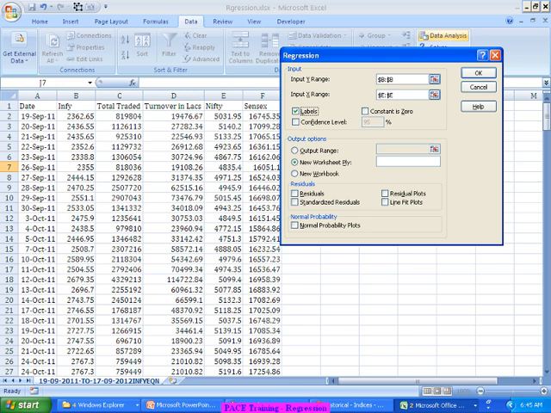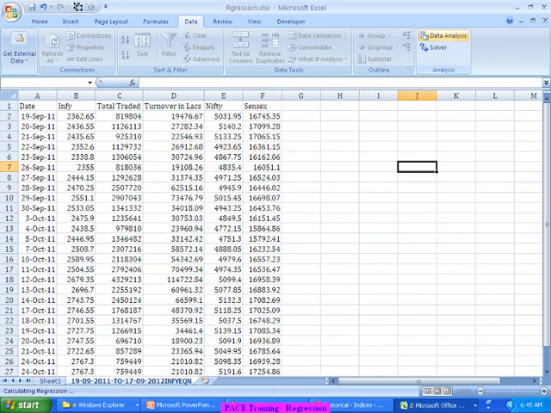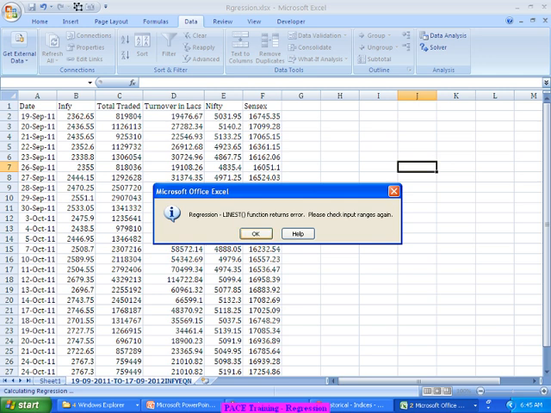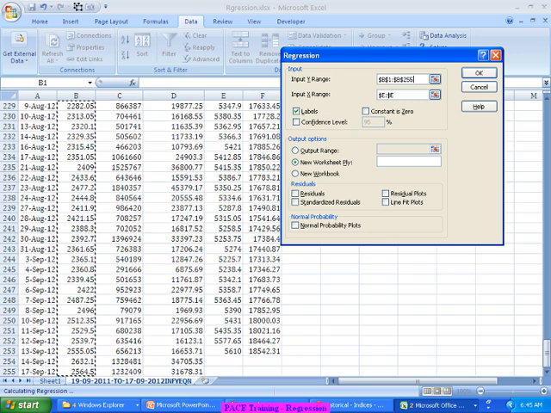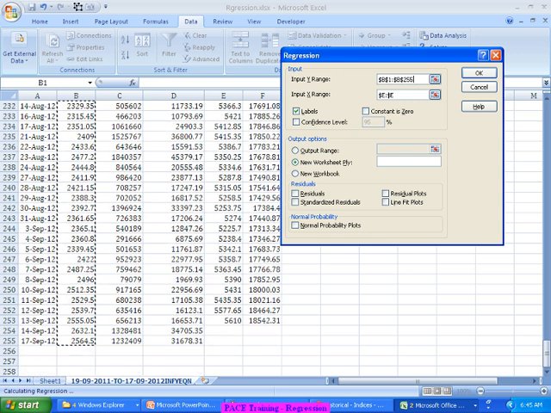Based on that, my regression equation comes out. There's some problem with the location.